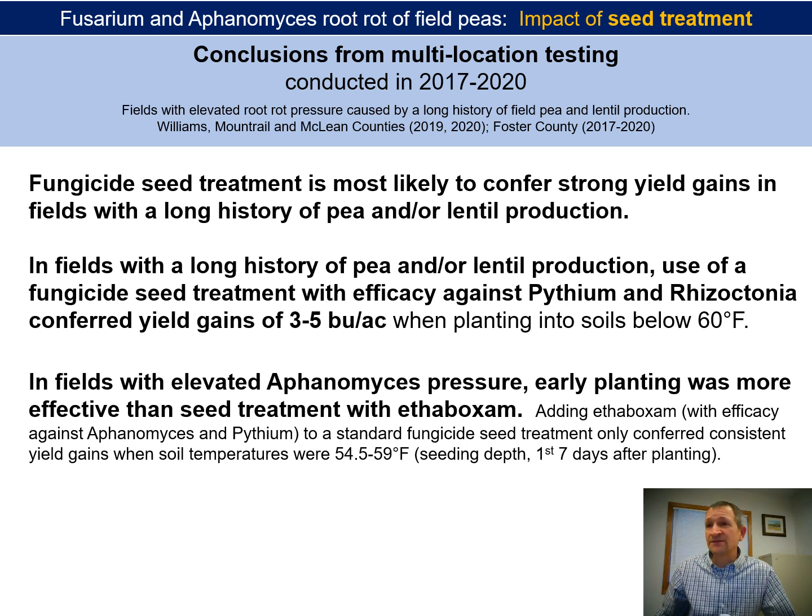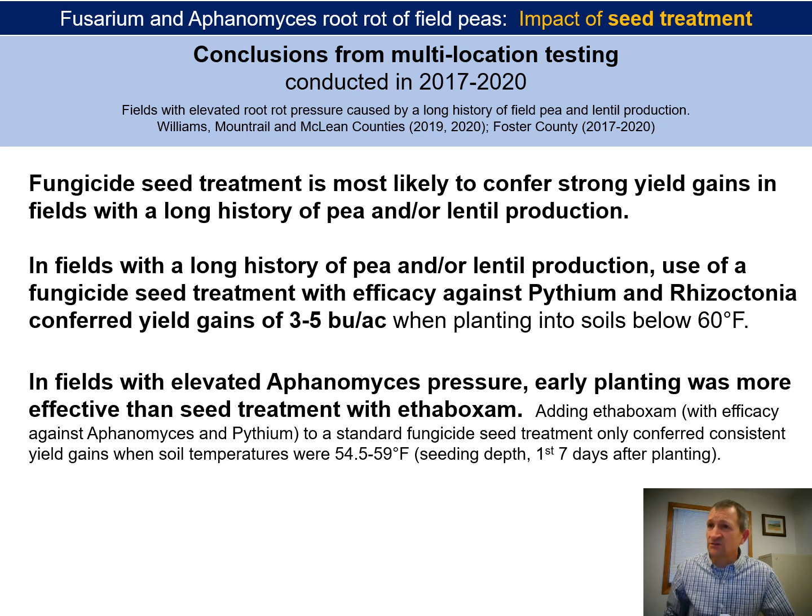Basically, those active ingredients can help you when you're planting into warm soils, but they do not do enough to offset the losses in yield potential associated with planting into warm soils. Again, Aphanomyces and Fusarium are favored by warm soil temperatures, and they're much more active at the seedling stages of the peas when those peas are grown in warm soils than cold soils.